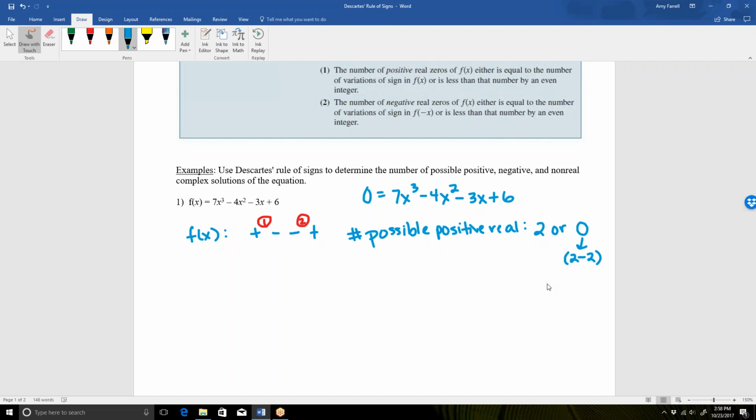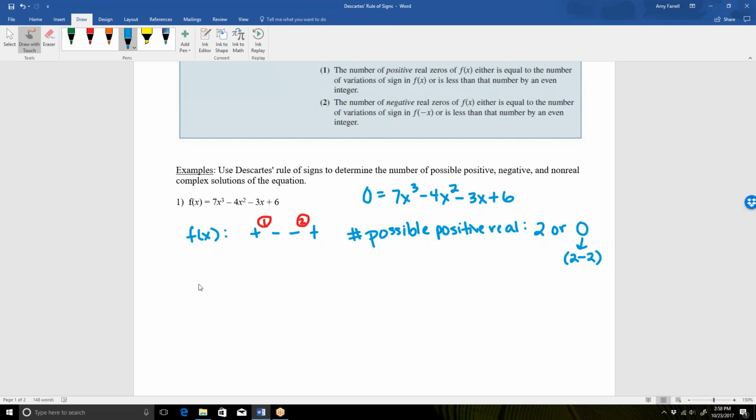Technically I should then subtract 4 and 6 and 8, but if I subtract 4 or 6 or 8 from 2, I'm going to get a negative number, and it's not possible to have a negative number of real zeros. So I take 2 or 2 minus 2, which is 0. So there are 2 or 0 positive real zeros, or positive real solutions, to this equation.